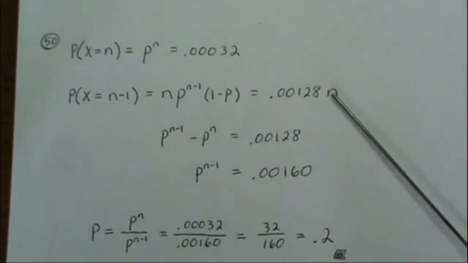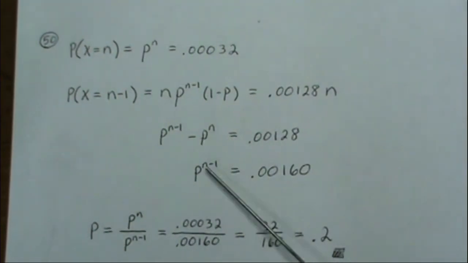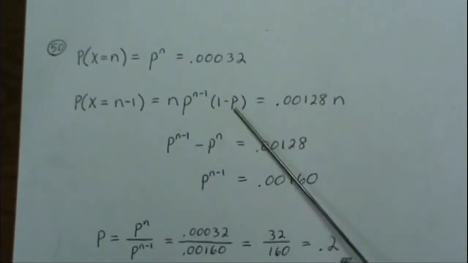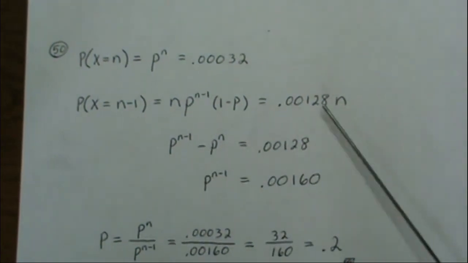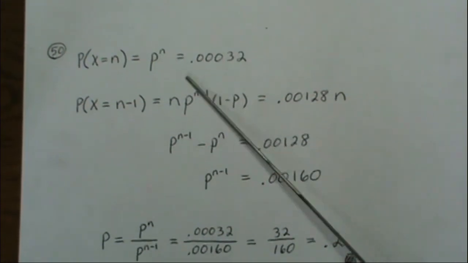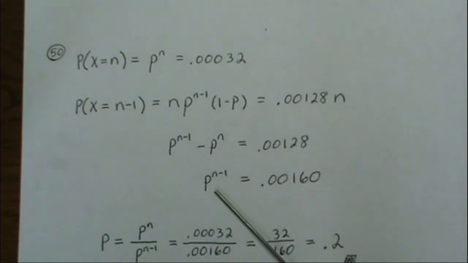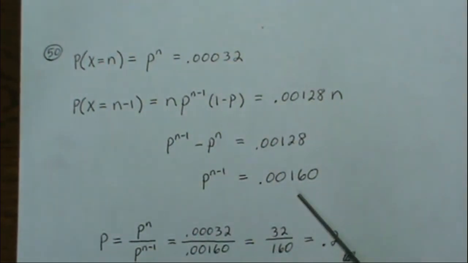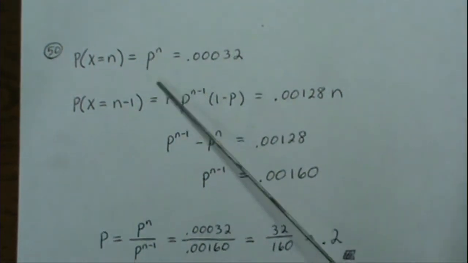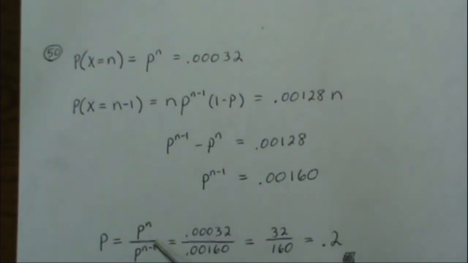Well, this n cancels with this n, and then you multiply that in, and you get this is equal to that. Well, p to the n is this, so you can plug that value here, take it across, you get here. Then we're left with these two expressions, and if you divide them, you get p, and then you take the values, reduce it down, and you get the answer is 0.2.